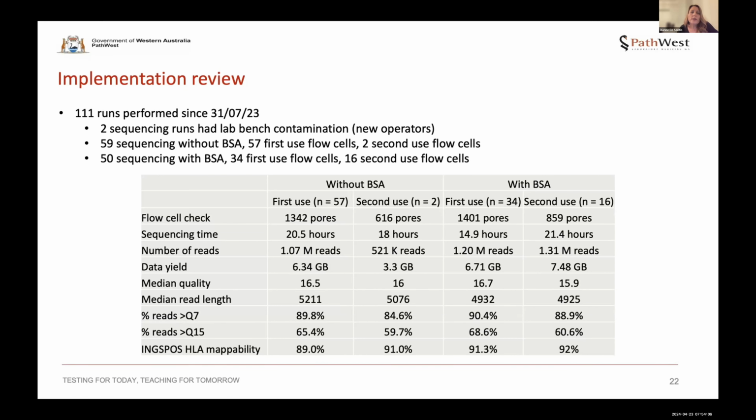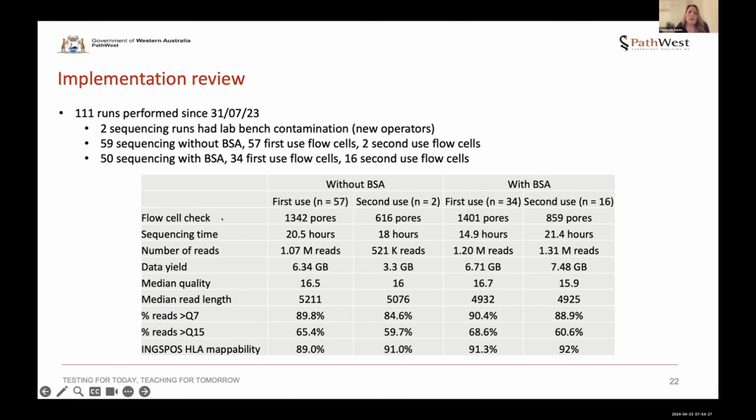We had 59 sequencing runs without BSA in the priming solution of the flow cell. 57 of those were first-use flow cells and 2 were second-use flow cells. So shown here are the sequencing metrics we use to evaluate a sequencing run.